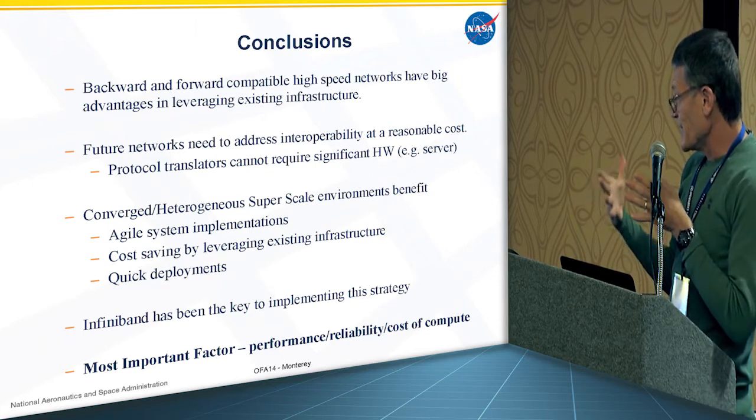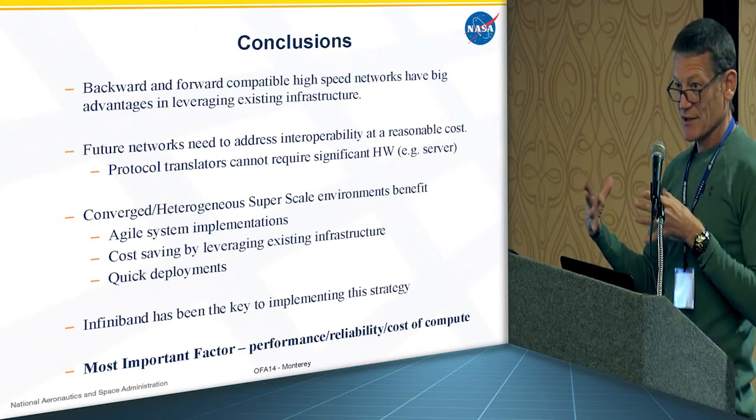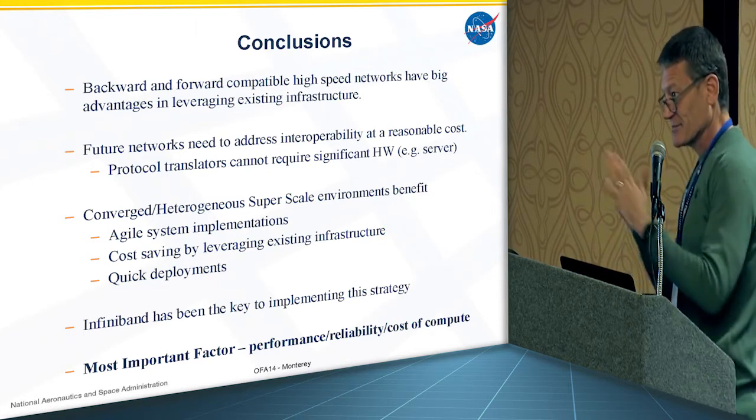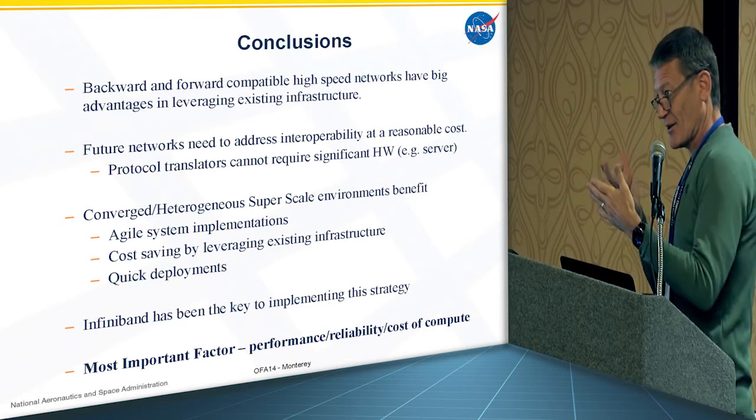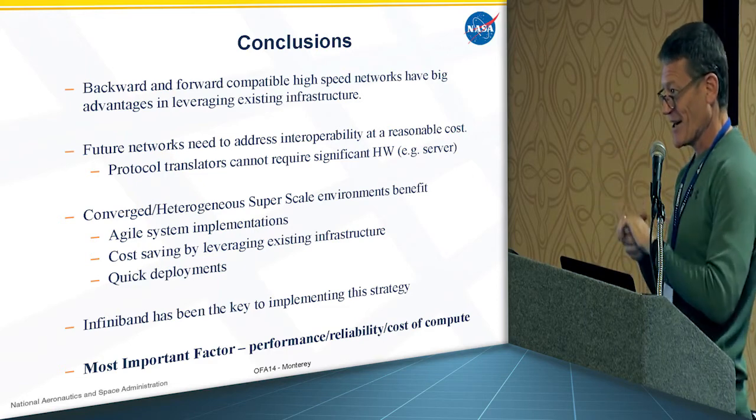So future networks, I mean, interoperability between these networks. Intel's working on something, and we've got Mellanox, and we've got RDMA, and all these things sort of in there in some place.